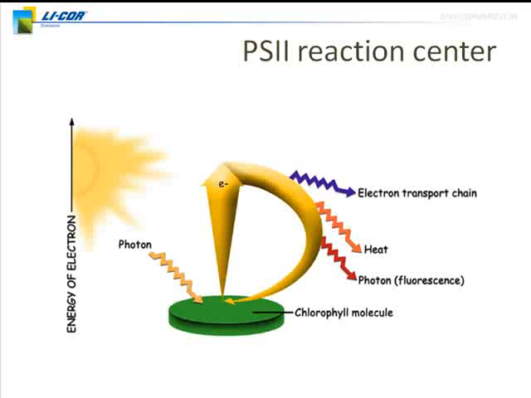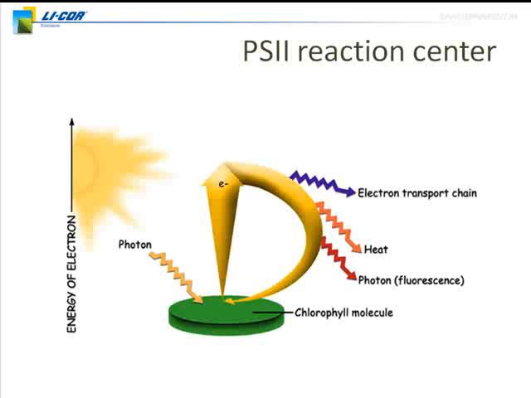One of the processes it can use to dissipate that energy is photochemical, shuttling that energy through the electron transport chain, which we just talked about on the previous slide, or it could dissipate the energy in a non-photochemical way, such as through heat emission or actually light emission, a red photon of light being emitted by the leaf.